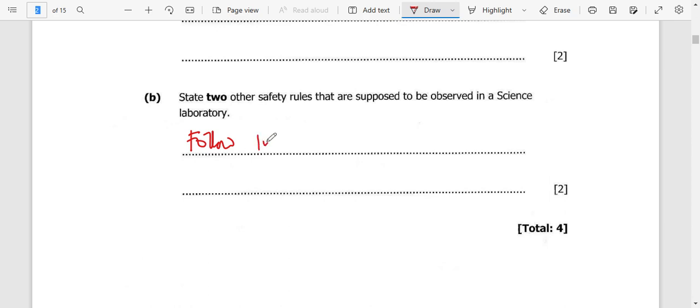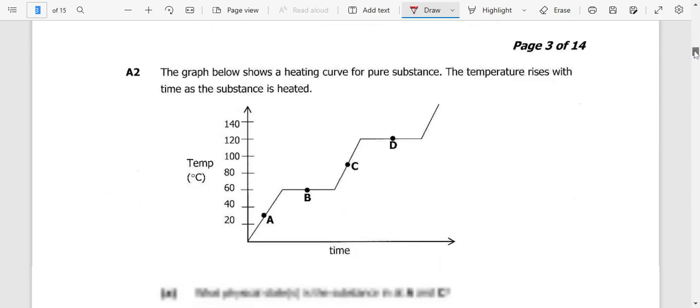Apart from that, you must avoid loose clothes, don't eat anything in the lab, don't touch things with bare hands. Wear safety boots, safety goggles, all those rules.